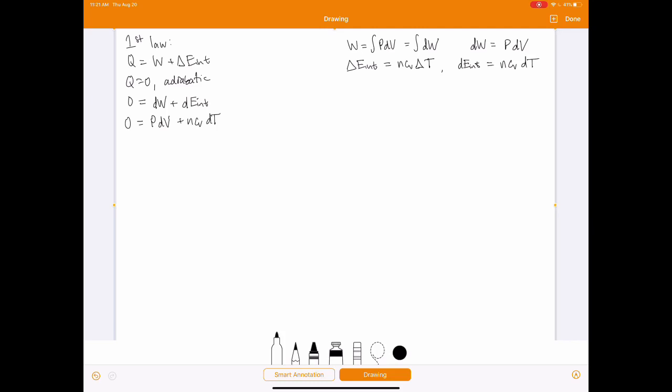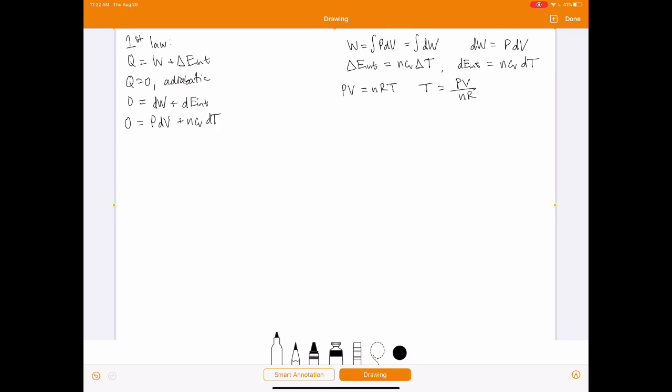I'm going to make some substitutions into that equation by thinking about the ideal gas law. So PV is equal to nRT, and we can rearrange that to say T is equal to PV divided by nR.